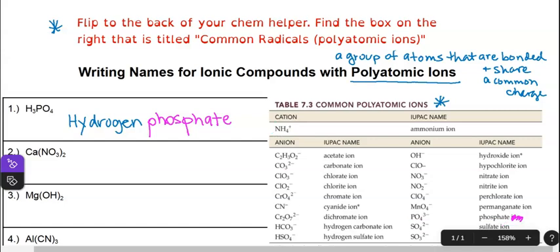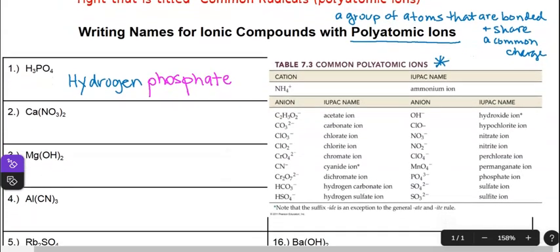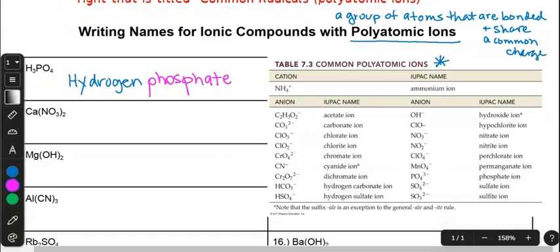Let's do a couple more. If we take a look at number 2, you can see that once again, we have our cation on the left. We have calcium. I'm going to cross that out, and when I do, look at how many capital letters I have. I have 2 more.